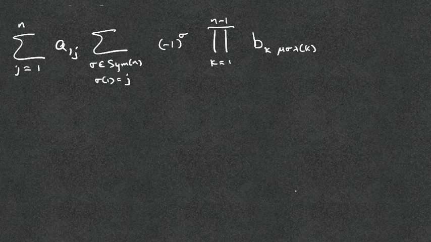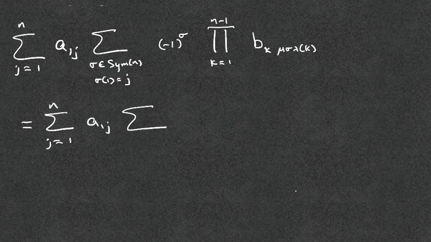this formula looks like our sum, j goes from 1 up to n, a sub 1j. Then we've got our sum. We switch to our new set, say tau, in our symmetric group on n minus 1 elements. Then our minus 1 to the sigma becomes minus 1 to the tau times minus 1 to the j plus 1.